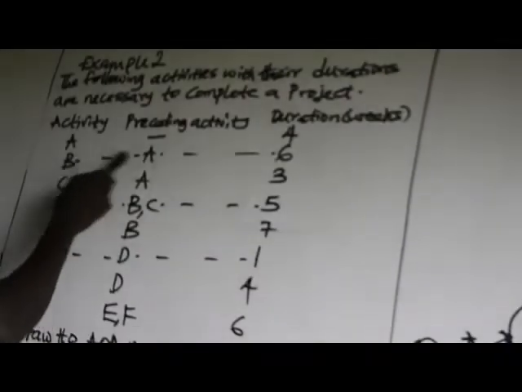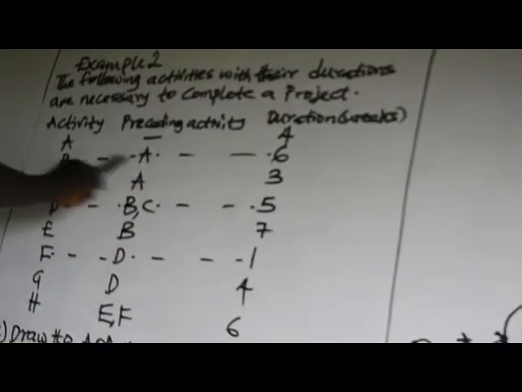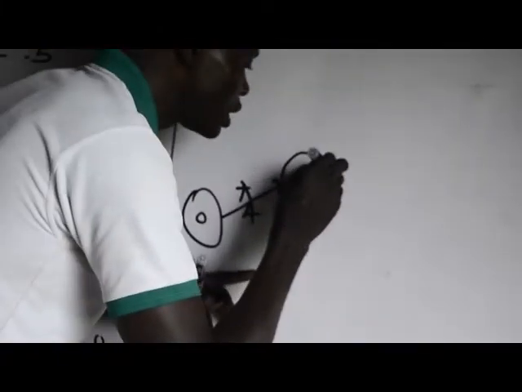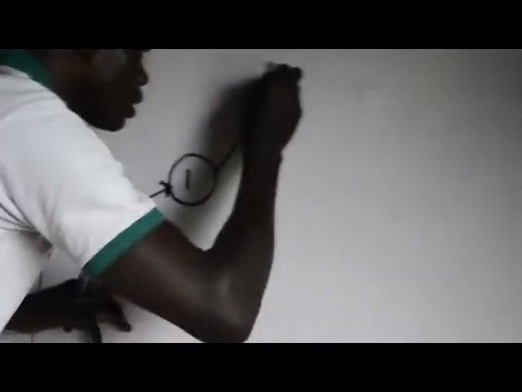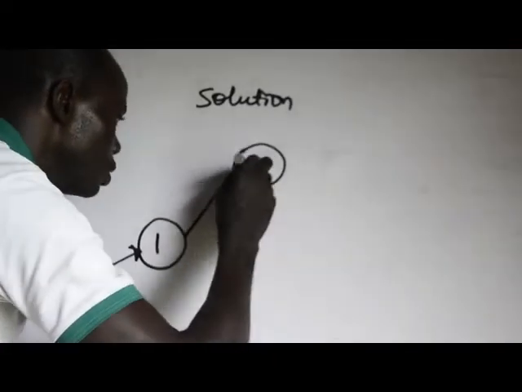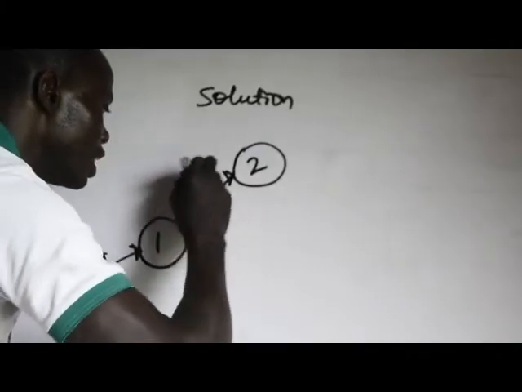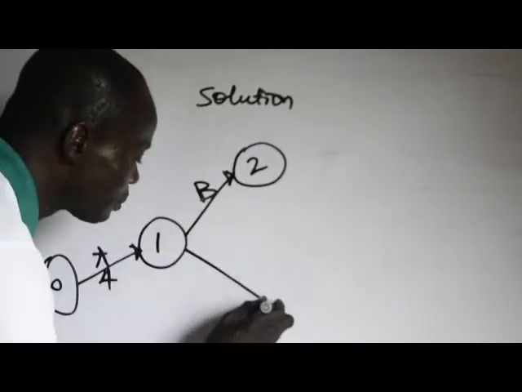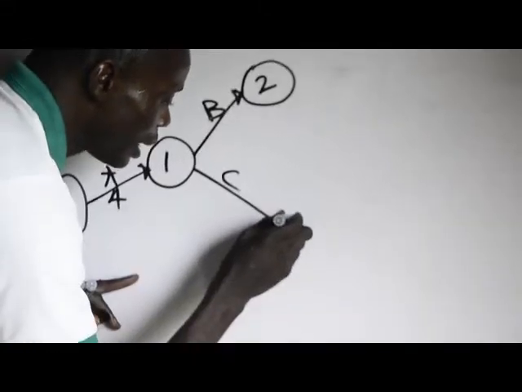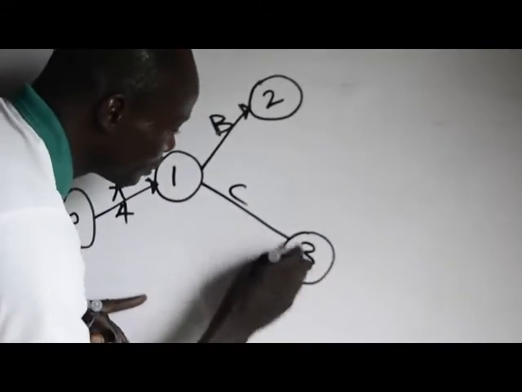Then activity A is an offshoot to activities B and C. From A, we now have both B, this is number 2, and C, number 3.